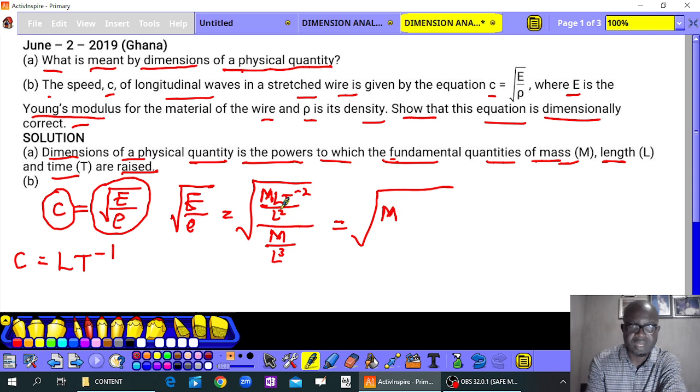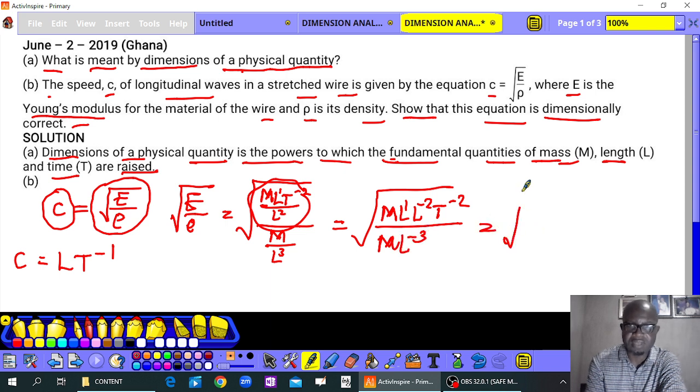this square here can be written as L raised to power 1 and L raised to power -2 and T raised to power -2. That is for the numerator here. Everything here is the same thing as what I've just written down here, divided by M L raised to power -3.